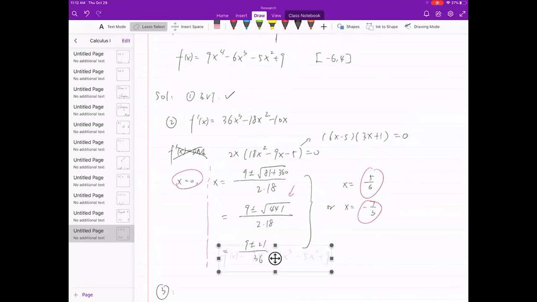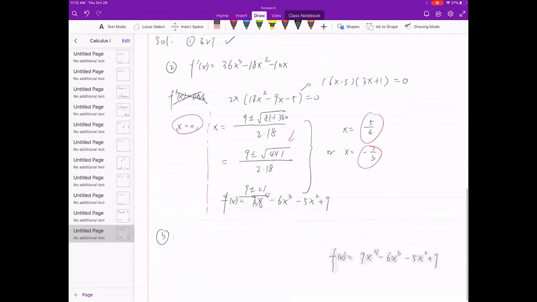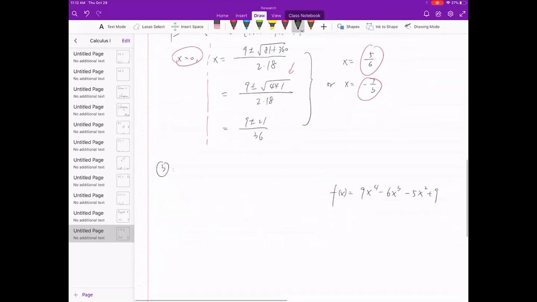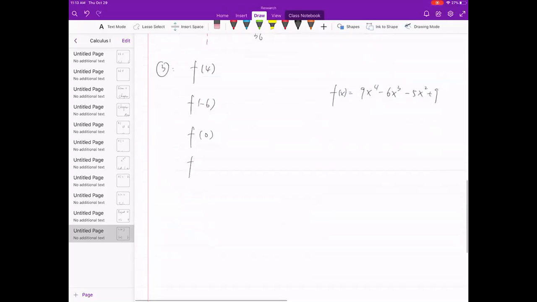Paste. F of 4, F of negative 6, F of 0, F of 5 over 6, and F of negative 1/3.